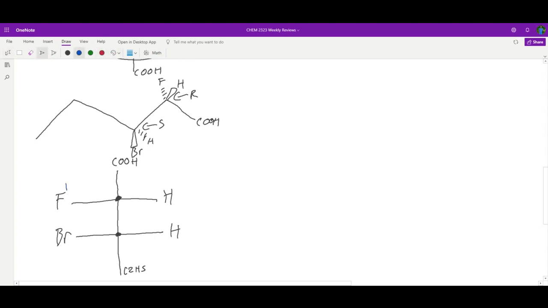Okay, so fluorine is 1, carbon with bromine is 2, carbon with oxygen is 3, hydrogen is 4. By that logic, it is going to be S, but because my hydrogen is on a wedge, it's going to be an R. And real quick, something I forgot. These sides are all wedges, and the top and bottom are all dashes.